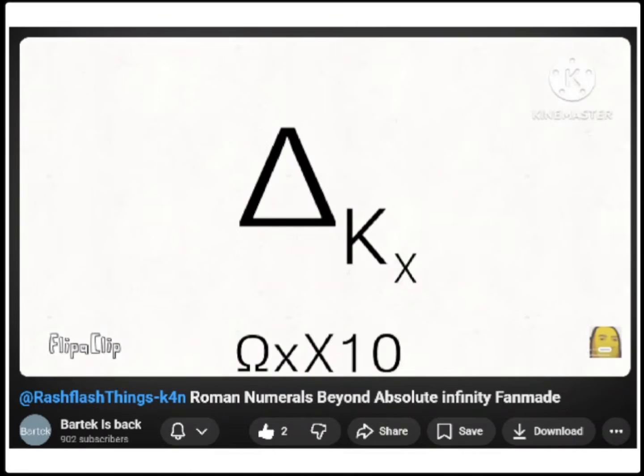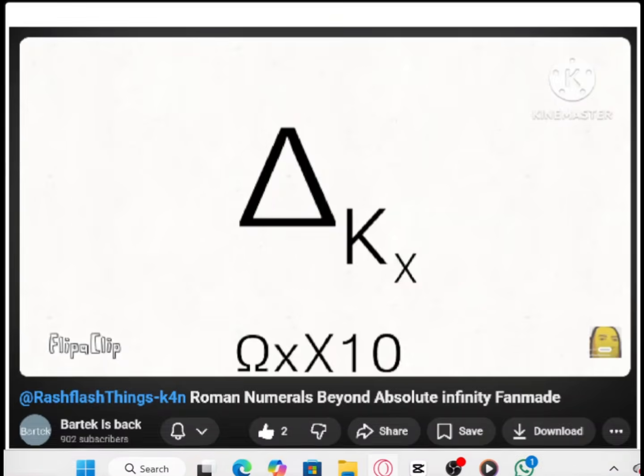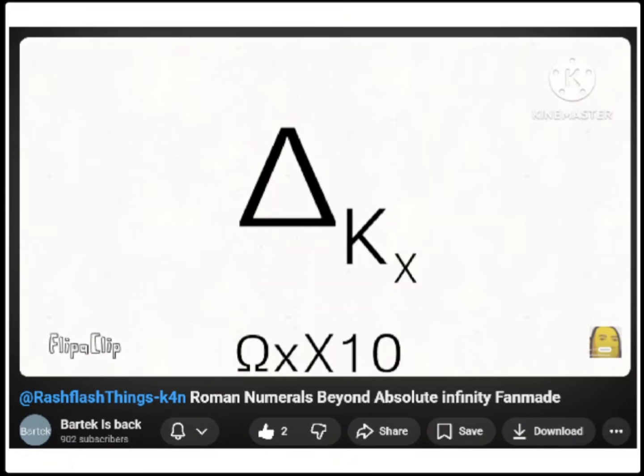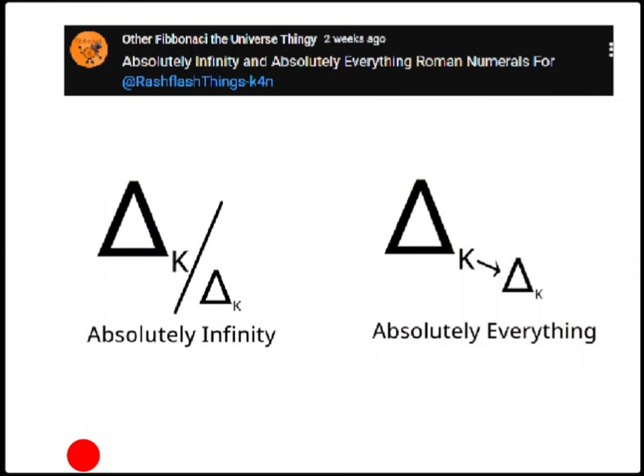So that's cool. Bartek is back, made this Roman numerals beyond absolute infinity fan-made. That's really cool, seriously. Other Fibonacci the Universe thingy, which is the second time I've mentioned him, actually, made a fan-made absolutely infinity and an absolutely everything. I didn't even know these numbers existed, to be honest.